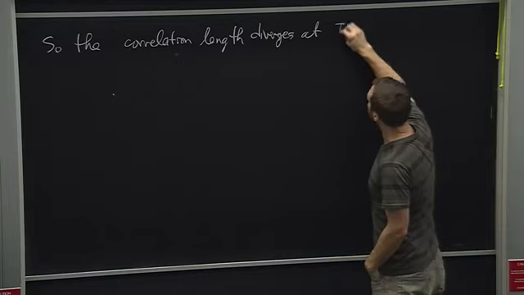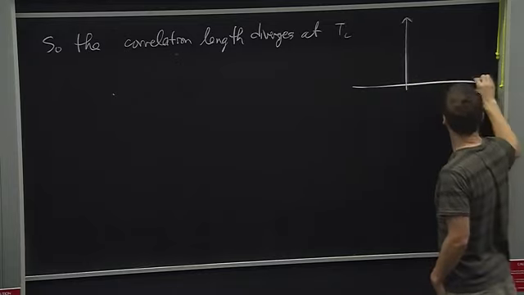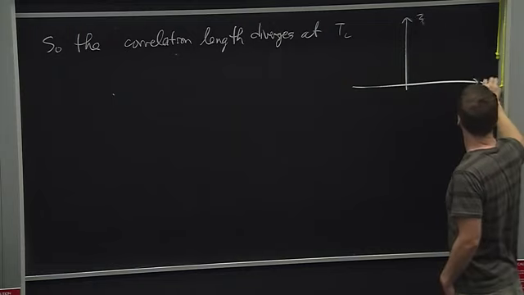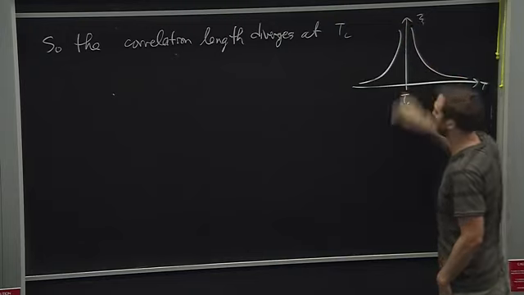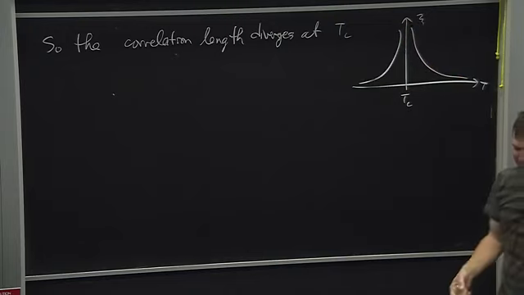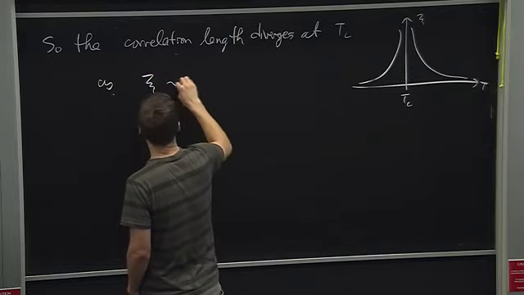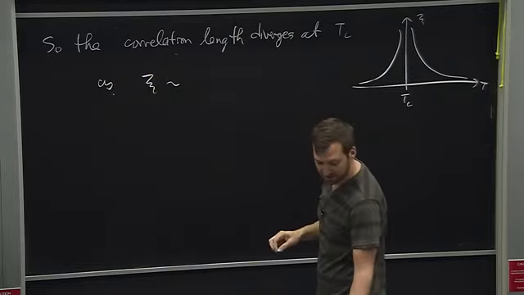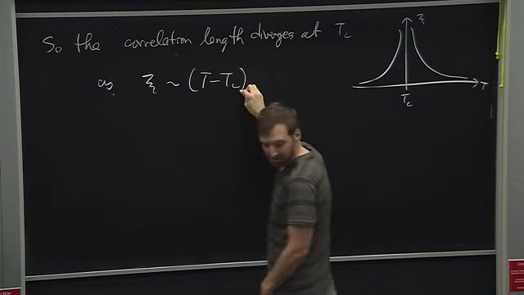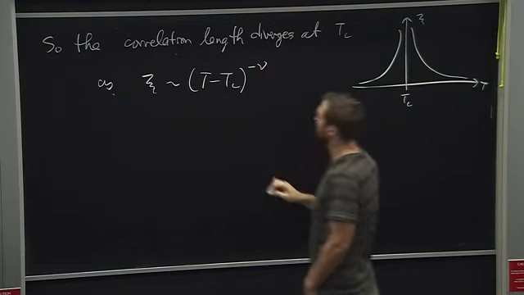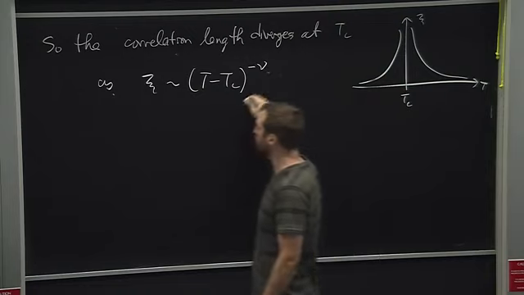It diverges at Tc. Okay, so it looks like something like this. And the dependence on T minus Tc generally is like this, which defines the exponent nu.